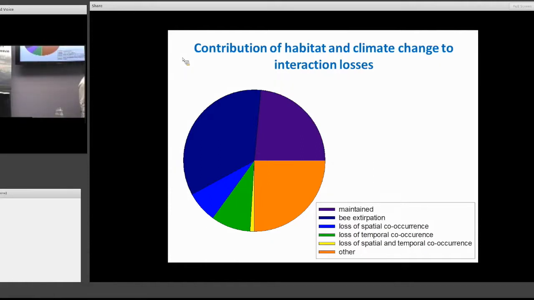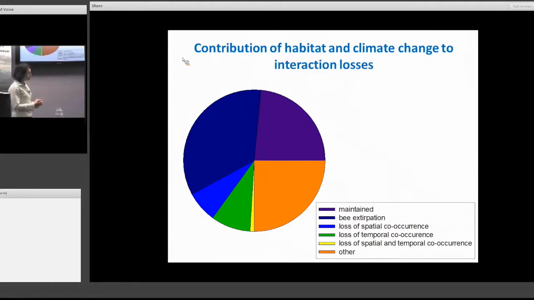Because of loss of spatial co-occurrence due to habitat fragmentation or loss of temporal co-occurrence due to changes in phenologies, those together make up about a fifth of interaction losses. The big orange chunk are interactions that were lost for reasons other than we measured. And so these could be physiological shifts, behavioral shifts, shifts in abundance that have together been deemed mutualism abandonment. So the species are still there, they're still active at the same time, so they could occur, but they just don't.